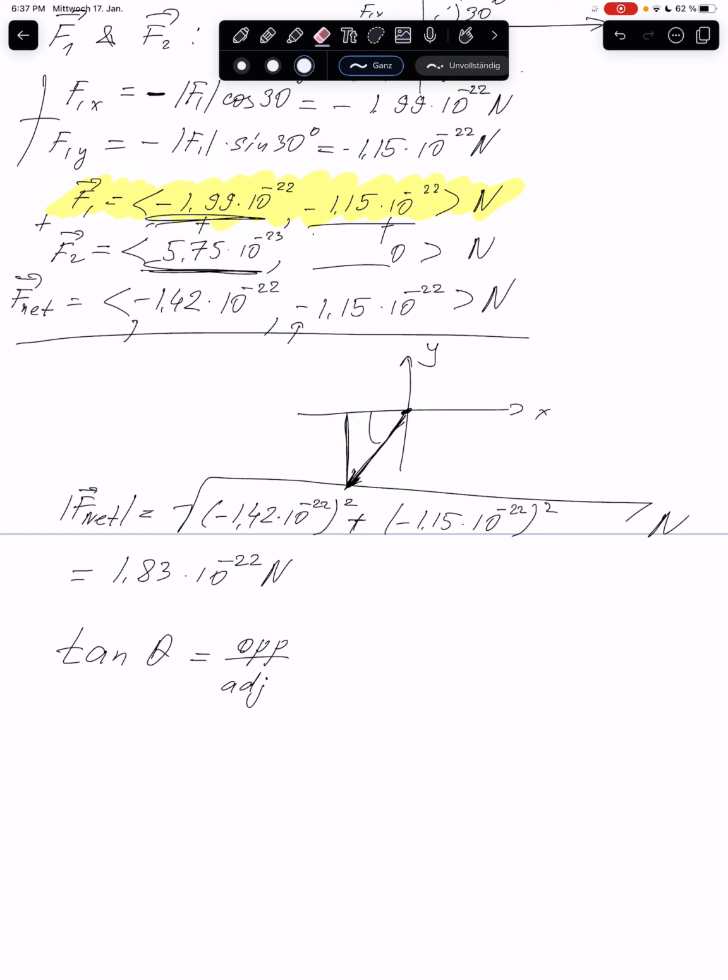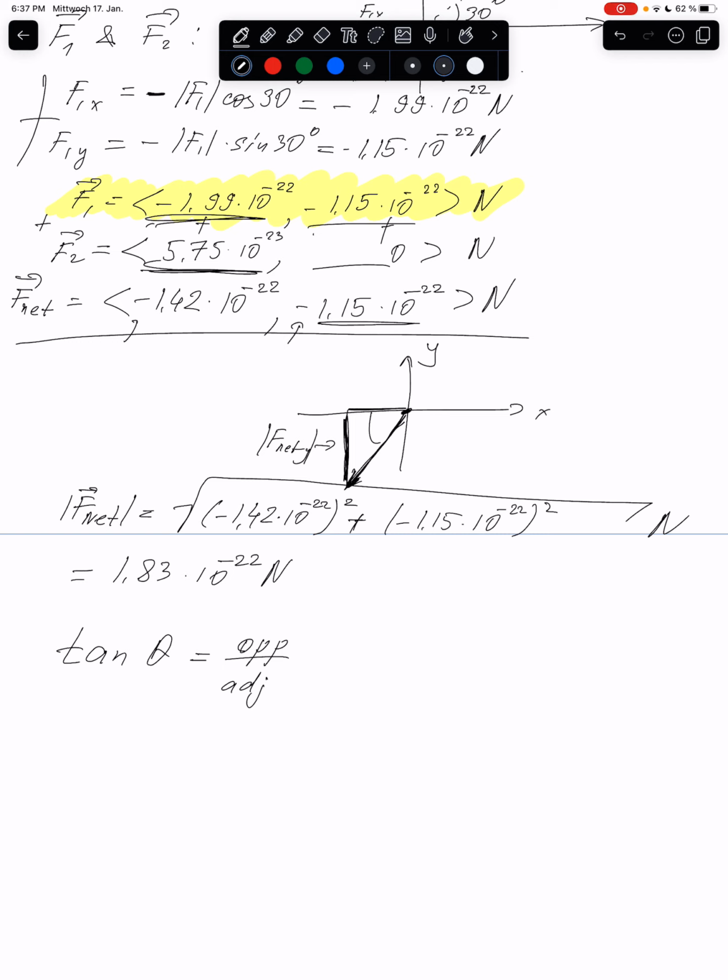I need to find this side. I actually know this because it will be given by the absolute value of F net y. So this length is the same as this number without the minus sign, because a length can't be negative.